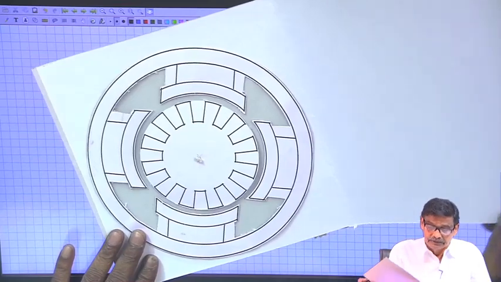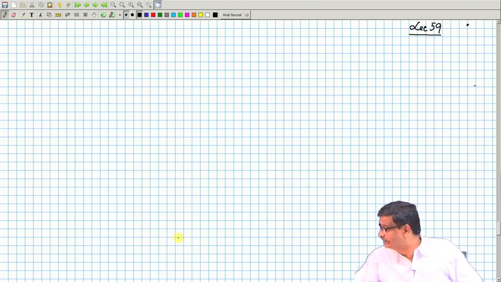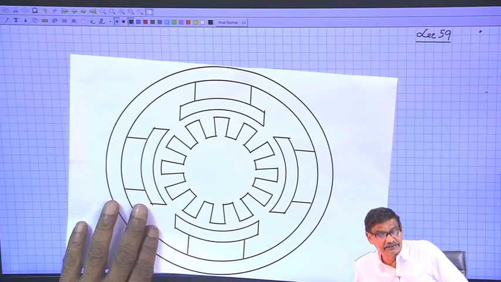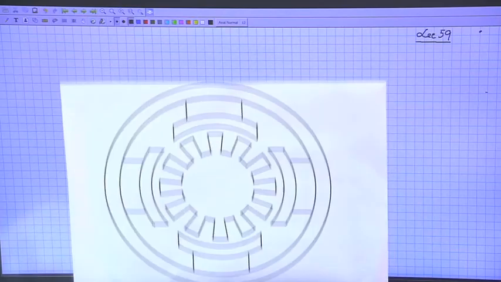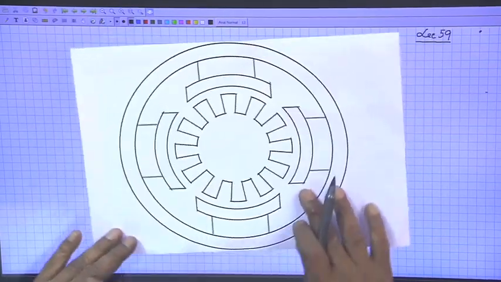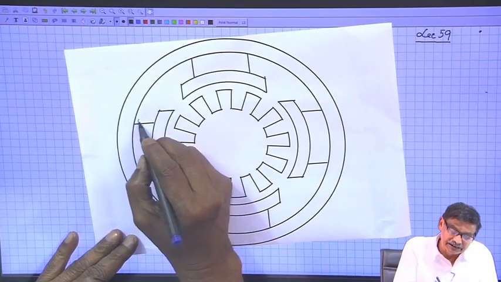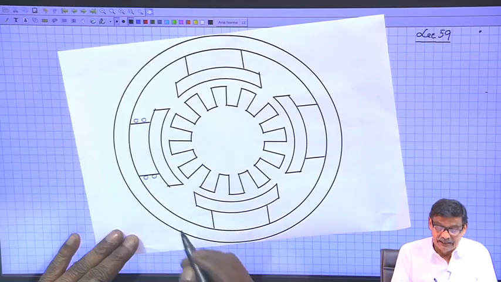So, this is the thing, and if you look at this diagram on paper, the stator poles will be created by conductors placed around them.